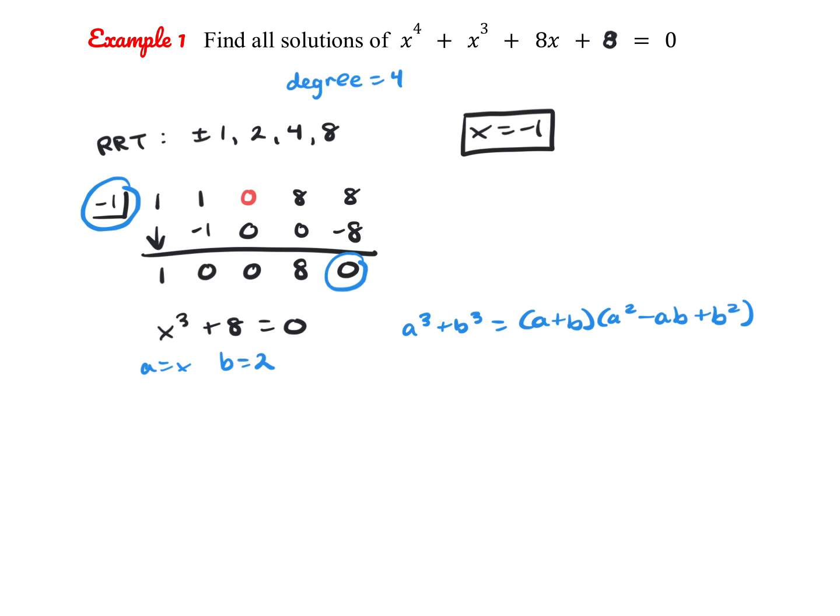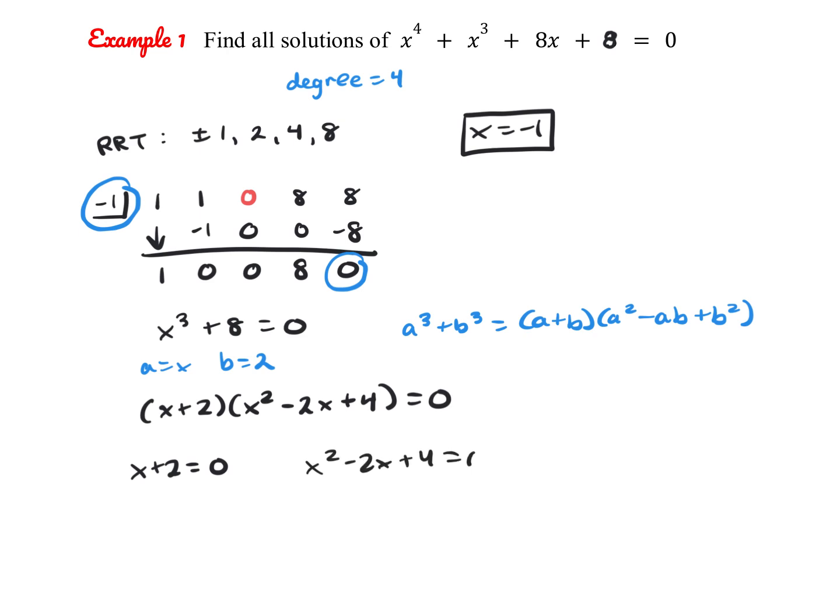Remember, this is b cubed, so the cube root of 8 is 2. So we get x plus 2 times x squared minus 2x plus 4 equals 0. So here we can use the zero product property to help us solve. So here we get another solution. We get negative 2. So I'm going to add it. I'll write it up here so we have all of our lists together.